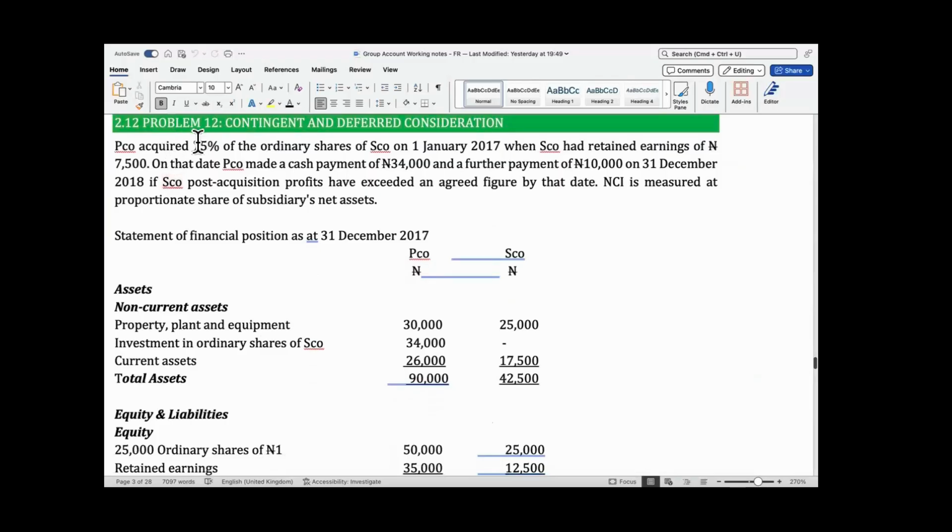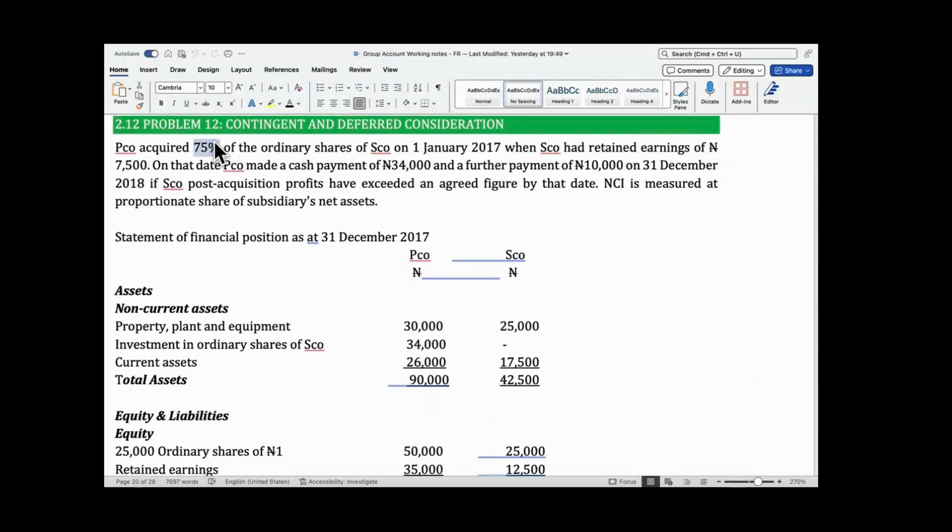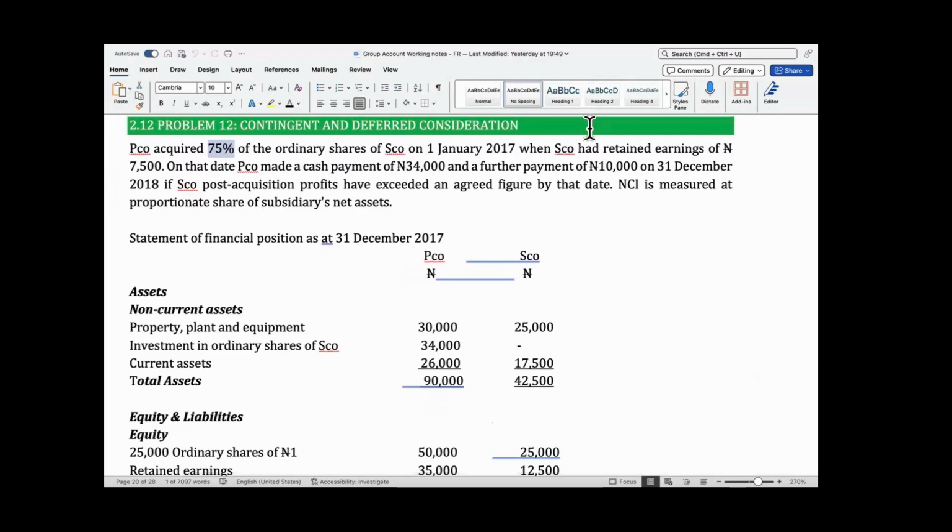This question says that Pico acquired 75% of the ordinary shares of ESCO on 1st January 2017 when ESCO had retained earnings of 75. On that date, Pico made a cash payment of 34,000 and a further payment of 10,000 in the next 2 years, if ESCO's post-acquisition profit has exceeded an agreed figure by that date.